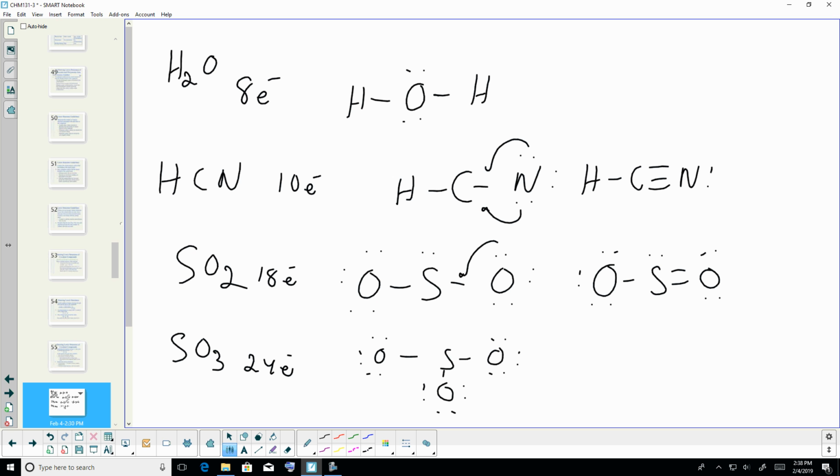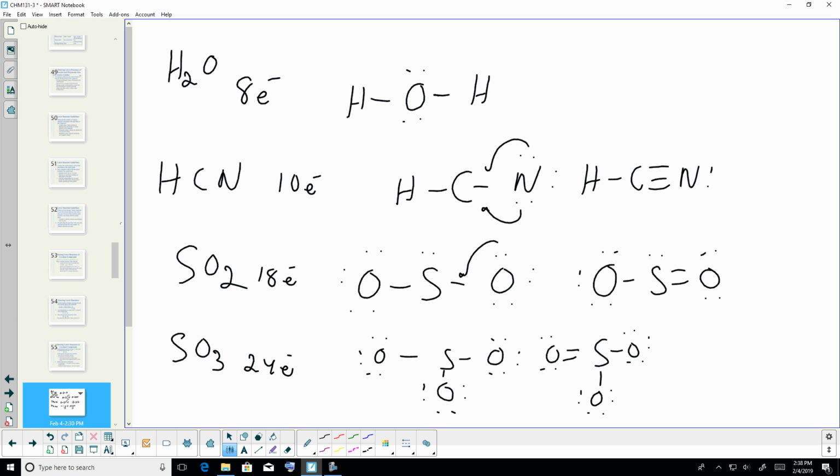If each one has 8, and there's 3 of them, I've used 24. So I've used them all. I don't have any left. Is everybody happy? No, sulfur still only has 6. So I have to borrow one. Does it matter which one I borrow it from? No. I'll borrow from the other side this time. Now everybody has 8.